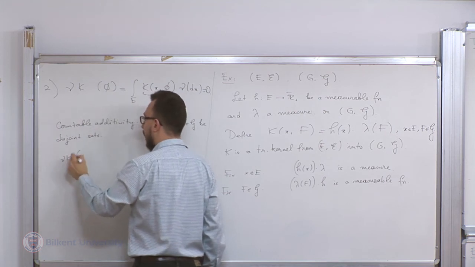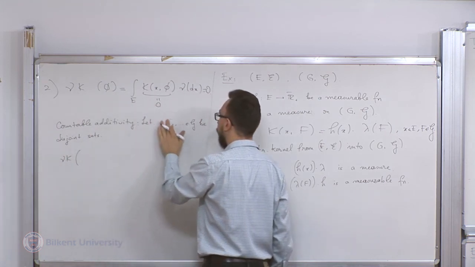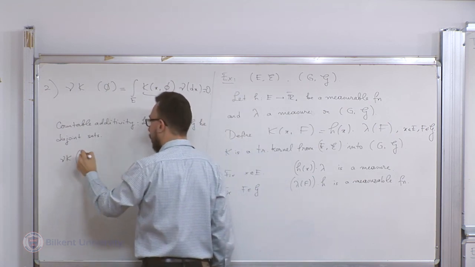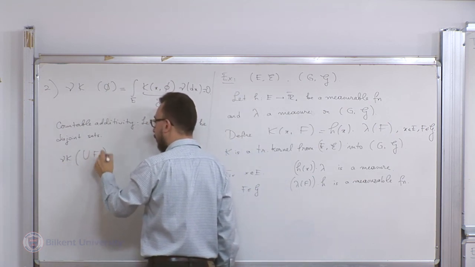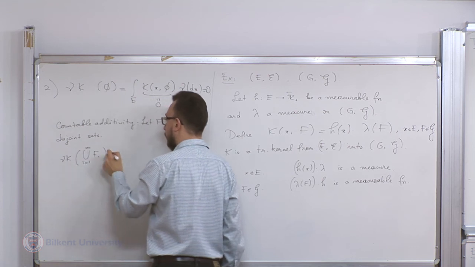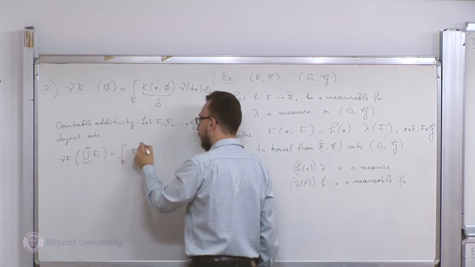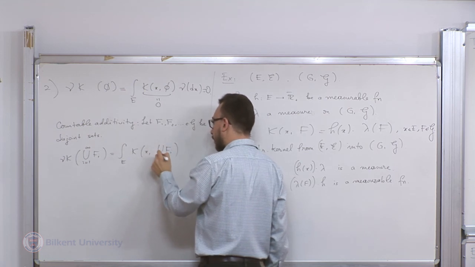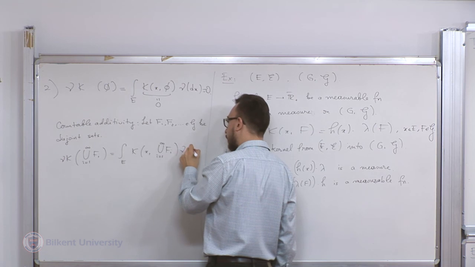I should have said F1, F2 maybe, it's not a partition of G. So nu k at the union of those things is defined as the kernel at the union, integrated with respect to nu.